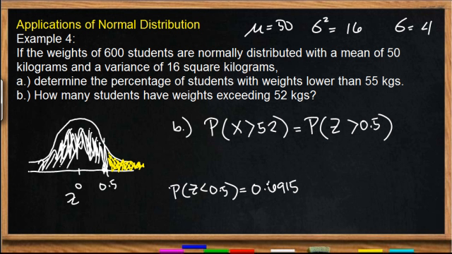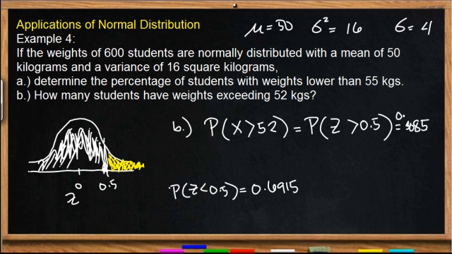Therefore the yellow region, which is greater than 0.5, is equal to 0.3085. Meaning the probability that a student's weight is greater than 52 kilograms is 0.3085.